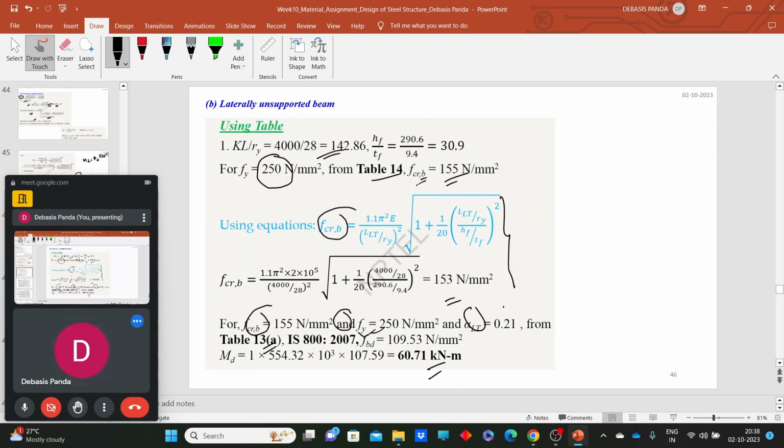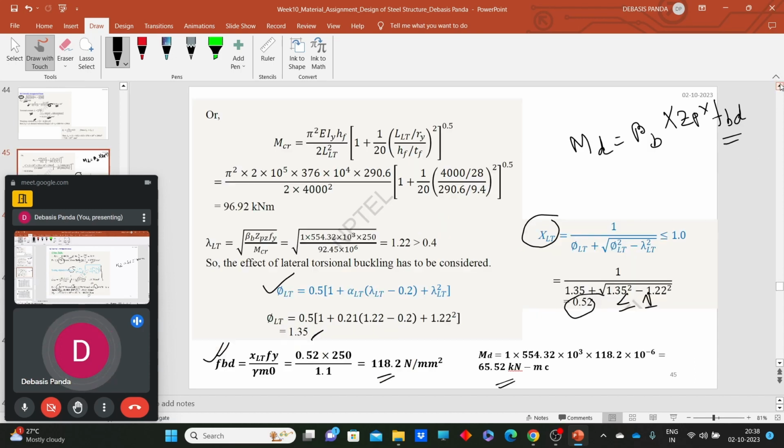So if we follow the tables directly, then the Md value comes as 60.71 kilonewton meter. Now, if we follow the formula, the Md value comes as 65.52 kilonewton meter. More or less similar.